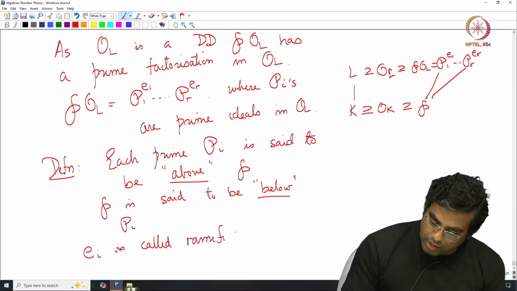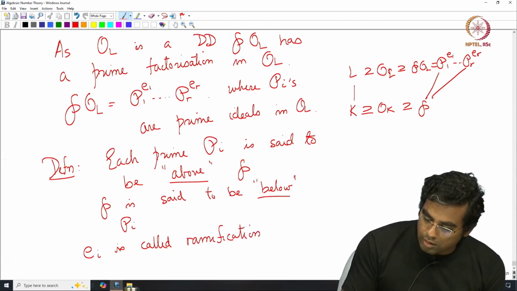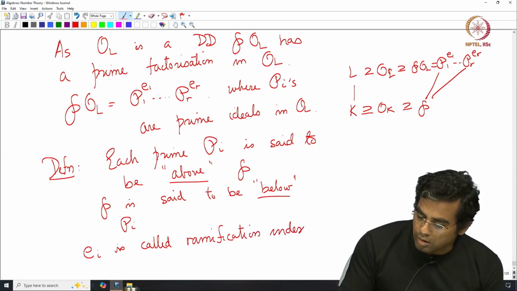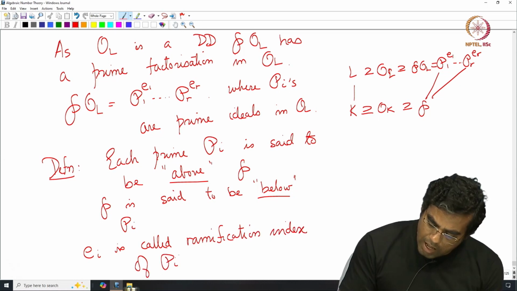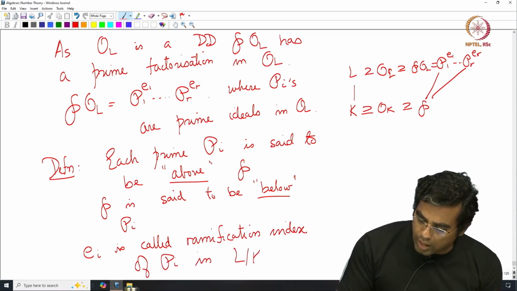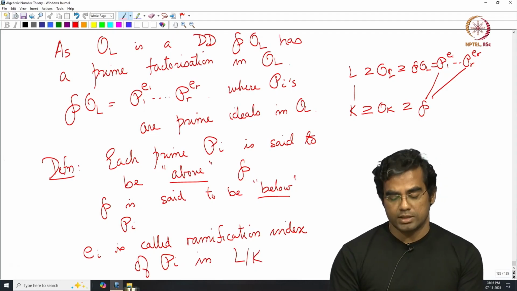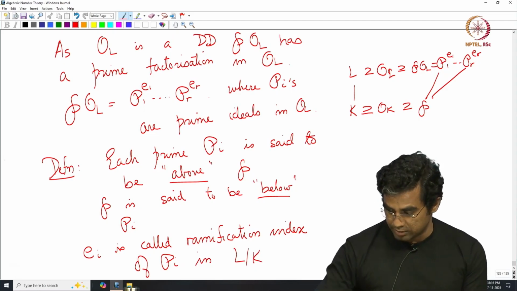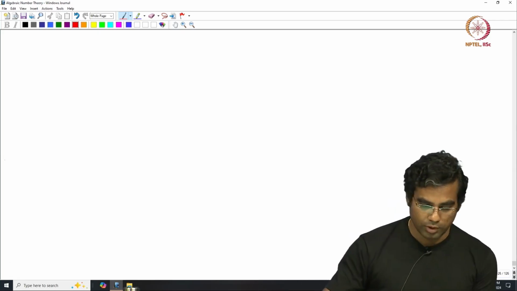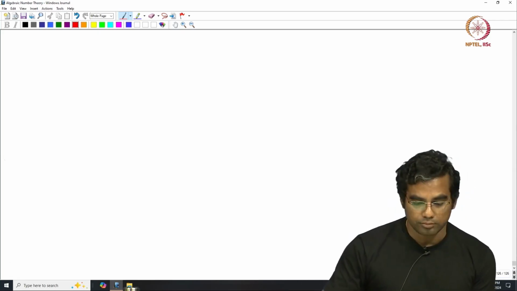So, this is the ramification index of Pi in L over K, but I will usually not say so many words, I will just say Ei is the ramification index. Okay. All right.